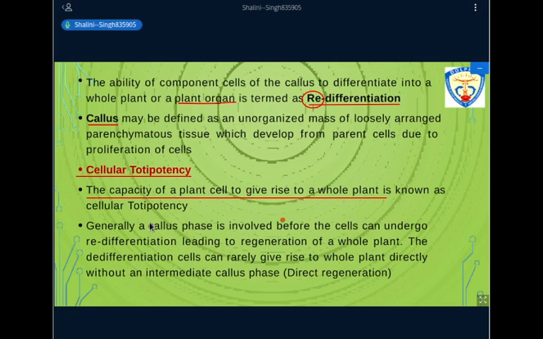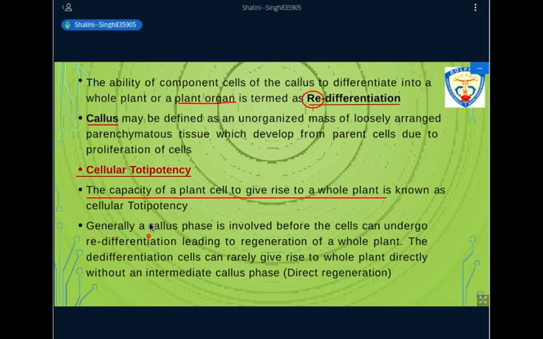That is the beauty of plant cell, that every plant cell has this capacity. Or we can say that plant cells are totipotent in nature. Every plant cell can give rise to a whole plant. And why so? Because it has a capacity of totipotency.